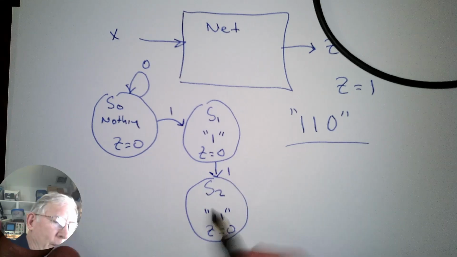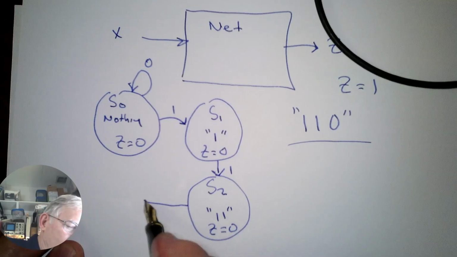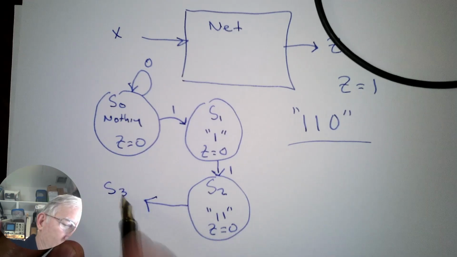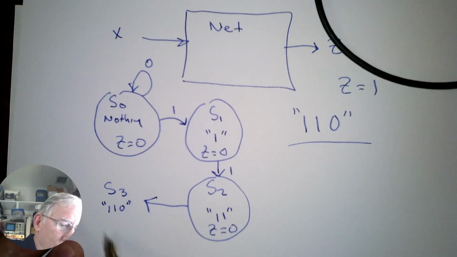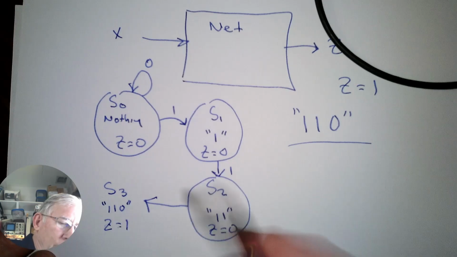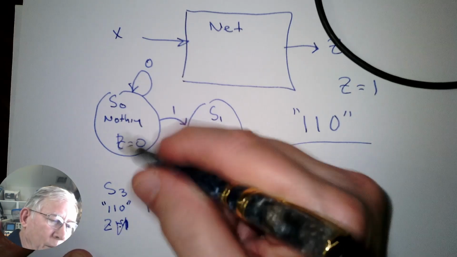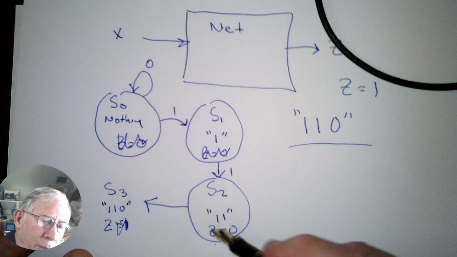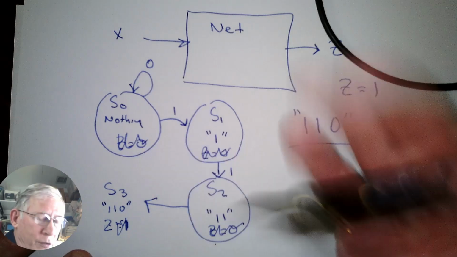And then if we get a 0, now we have a target. We'll go to S3. We have a target of 1, 1, 0, and Z will be equal to 1. Now normally, we don't write Z equals 1. We just put Z there, and we don't write Z equals 0. We just leave it out. So if you don't see Z, then you know that it's 0.